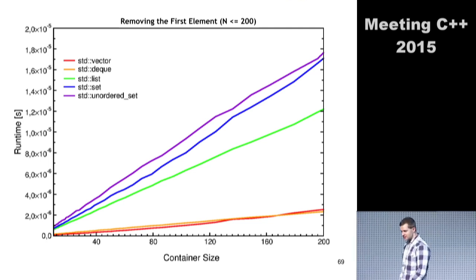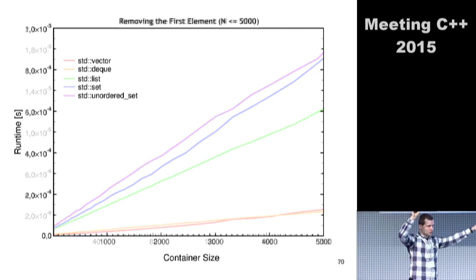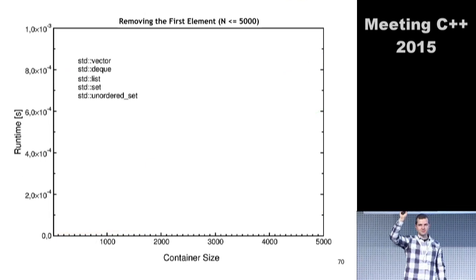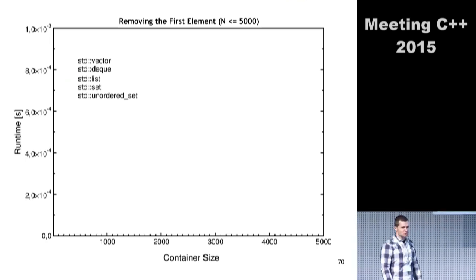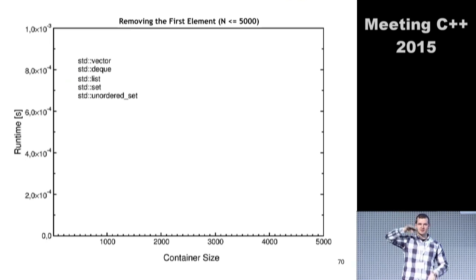Okay, who would still trust in the power of vector? Not so many people anymore. Who would use a list? Who would say, okay, this benchmark is truly governed by a list, list is best? Okay, very few people. Who would choose a double-ended queue? Okay, this kind of sums it up.